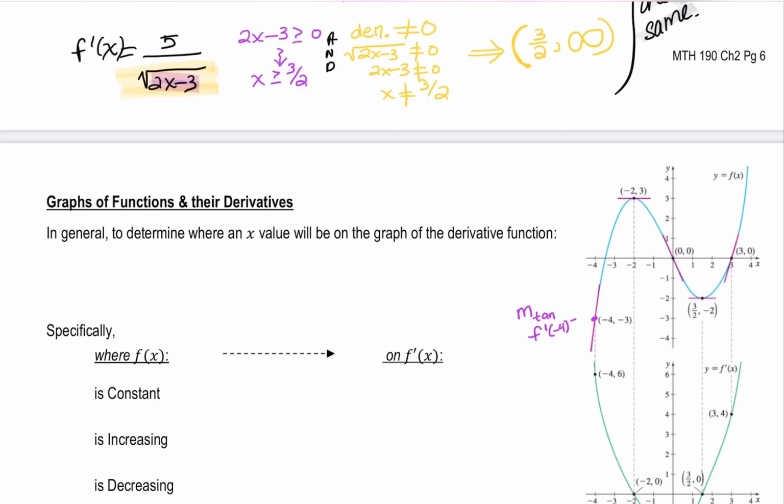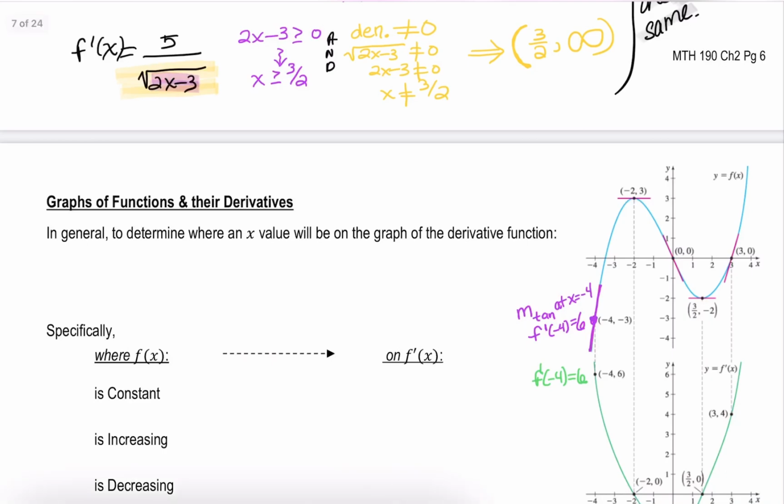And I'm cheating a little bit because I'm looking at my graph of the derivative down below, but the slope of the tangent line at x equals -4 is equal to 6. So that is this slope right here. The slope of that line is 6. Well, that is literally what it means to say f prime of -4 equals 6. So that means on the derivative function, f prime at -4 gets plotted at 6.